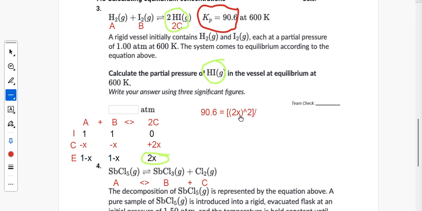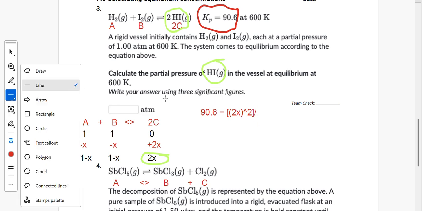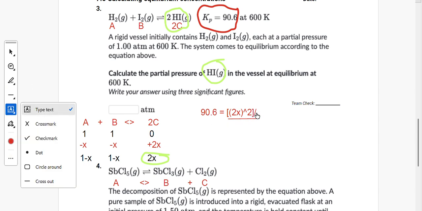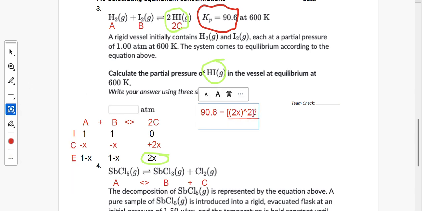Let's draw a line right there. Beauty. I'm feeling better about that.